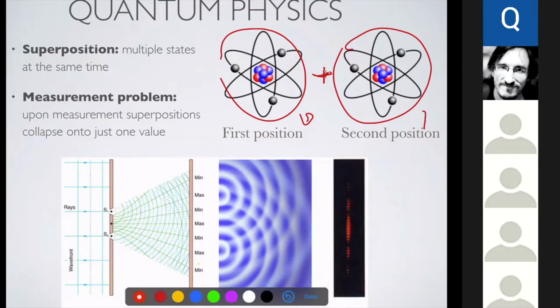Now, the second problem of quantum mechanics is the measurement issue, and that is that if I have an atom like this, which is in a superposition of being here and here at the same time, if I then go in and look at it with a very, very high resolving microscope, you won't ever actually see the atom in two places at once. That's not physically possible.